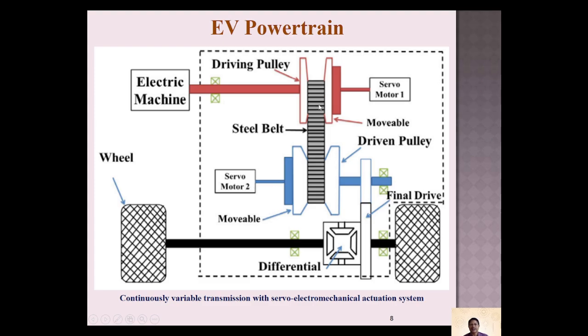It is used to operate the driving pulley and driven pulley, and the diameter of the pulley is varied in such a way that the speed variations take place, and the final gear fitted on the servo motor 2 shaft will drive the differential unit. So frequent or a variety of speeds can be obtained from the CVT powertrain. This is mostly used in electric vehicles.